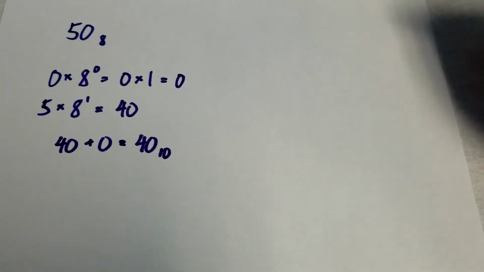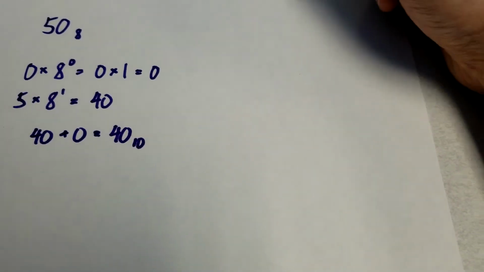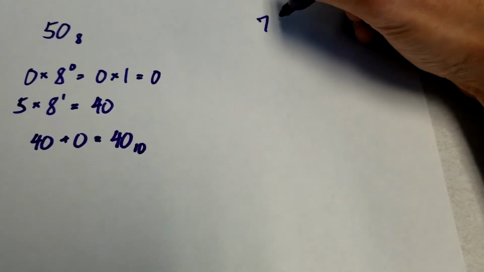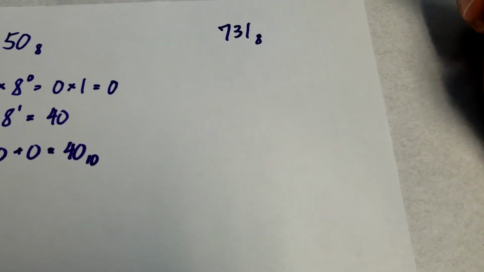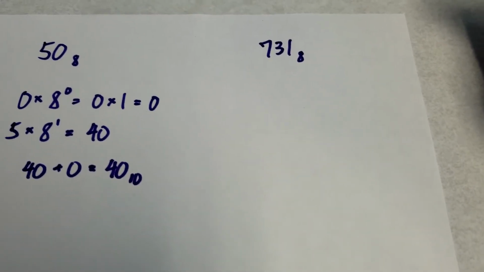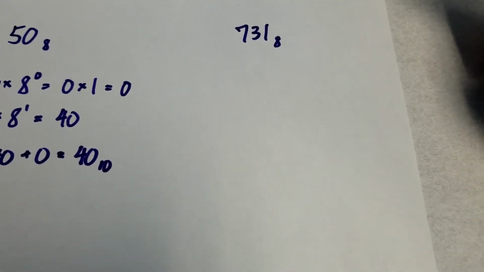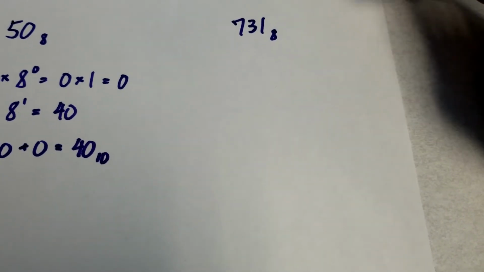Okay. All right, now let's try a little bigger number. So how about 731 in base 8? And then we are trying to convert it back to base 10. So every digit times 8 to the power of 0, 8 to the power of 1, 8 to the power of 2, and so on.